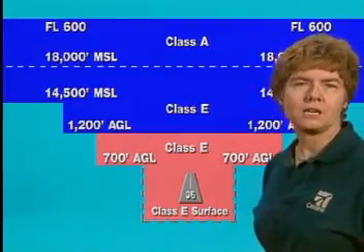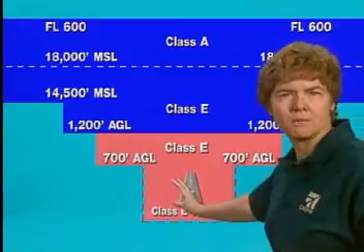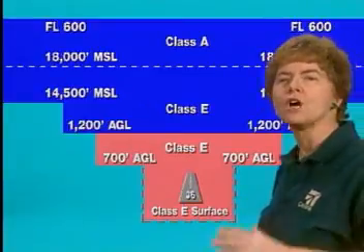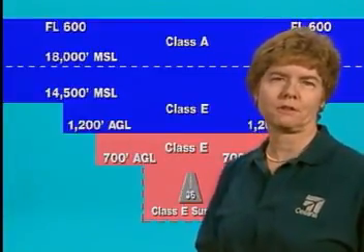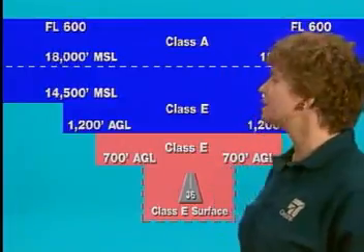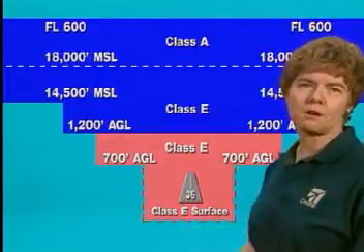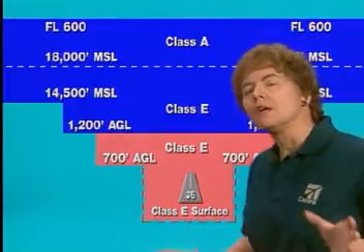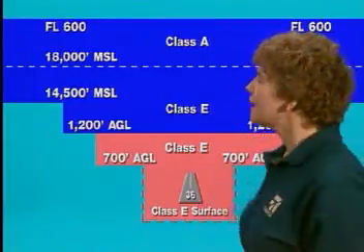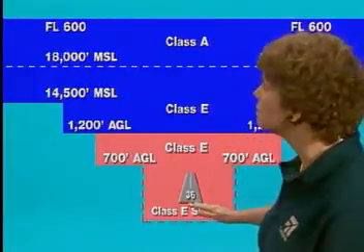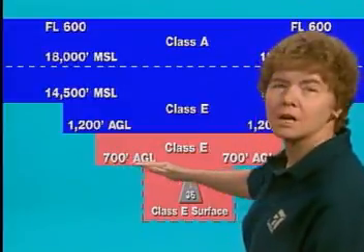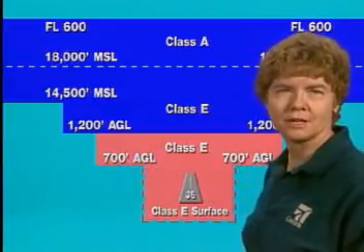Now, that Class E surface area provides separation service for IFR flights all the way down to the ground. But they can only do that when air traffic control communications and weather reporting are available. For instance, if the person who reports the weather goes home for the night, then that Class E surface area moves up to a floor of 700 feet AGL.